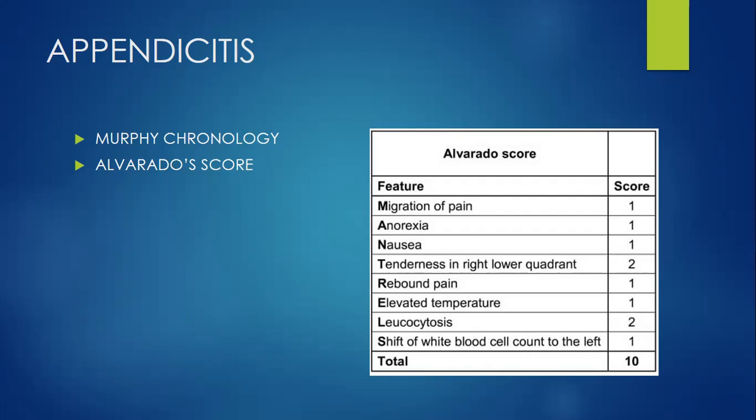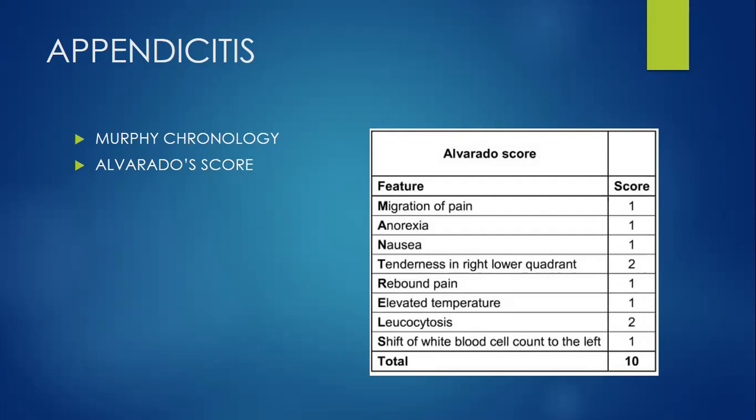However, there's one more thing that we should take into account. I remember when I read a book about surgery, it said that if the patient did not have anorexia, the appendicitis diagnosis would not be likely.